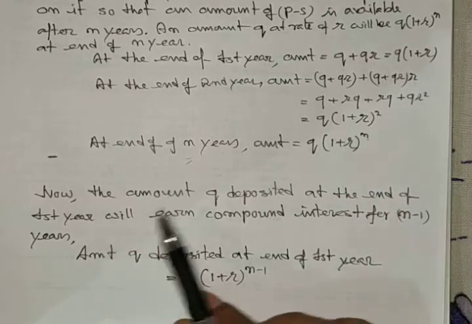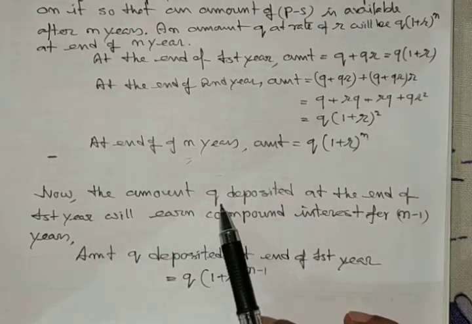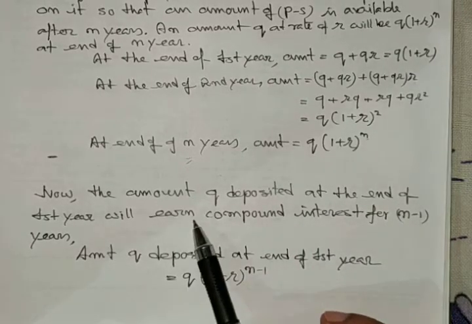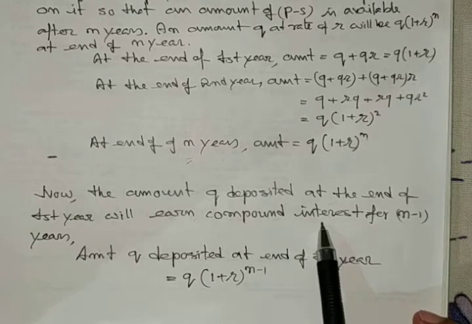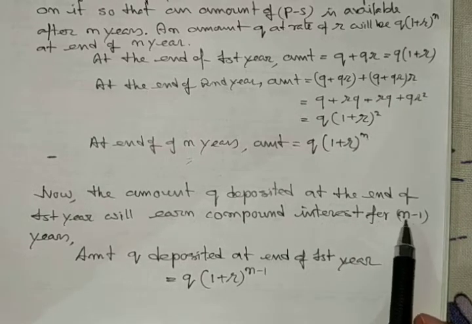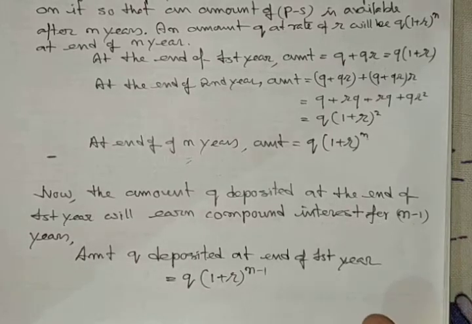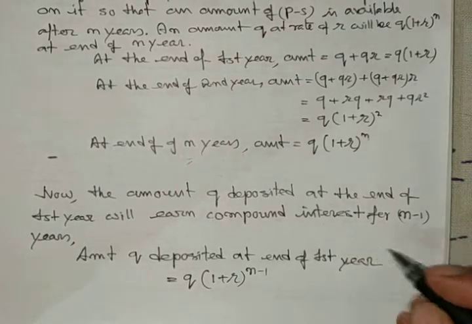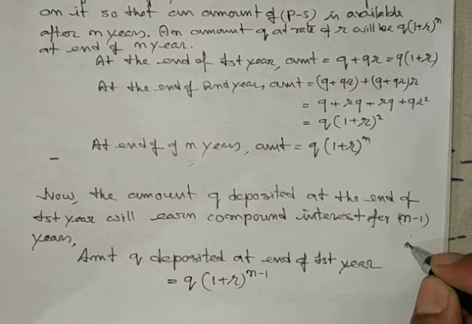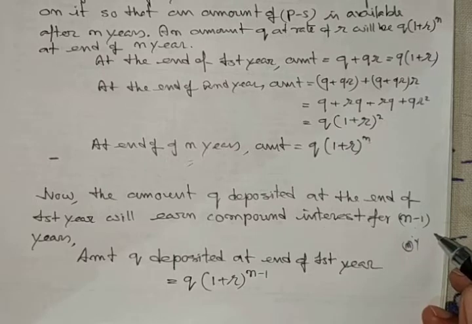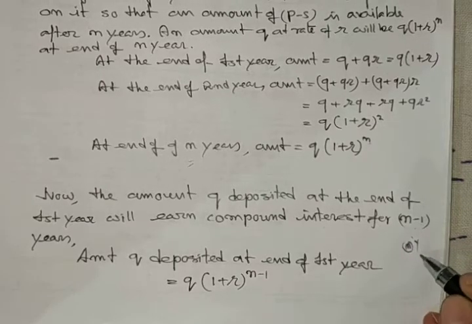Now the amount Q deposited at the end of the first year will earn compound interest for n minus 1 years. If you consider the total useful life is n years, then after 1 year the remaining years will be n minus 1.